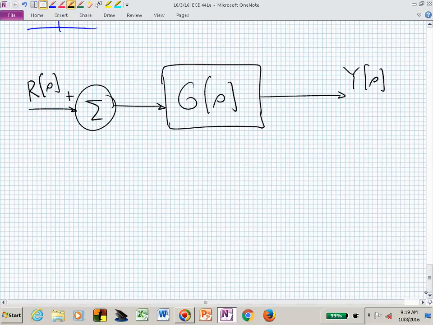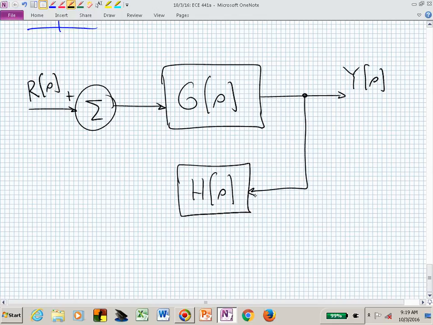And then we actually take this output and measure it and feed it back, maybe with some kind of filter or some kind of processing in the feedback path, and compare that with the reference input. That's the reason for the minus sign.